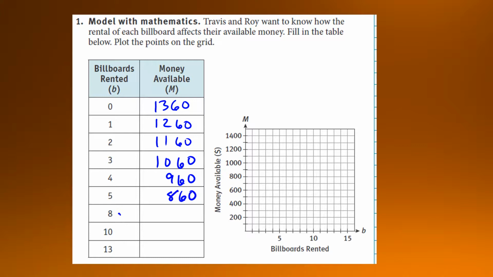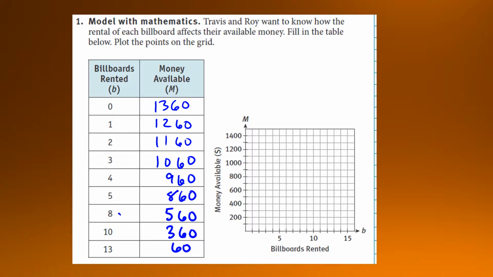If they bought 8 billboards, that would cost them $800, so they'd only have $560 left. And if they bought 10, that would be $1,000 and they'd have $360 left. And if they bought 13, they'd only have $60 left. So hopefully you're reading carefully. That seems like a great thing Springboard might spring on you. Ha ha, you see what I did there?